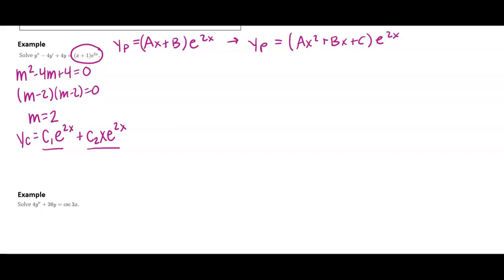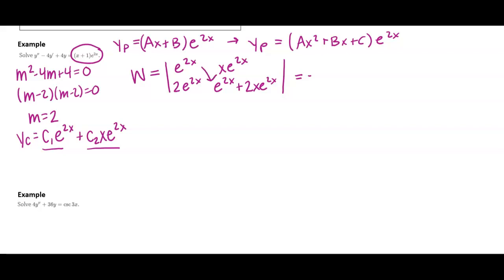All right, so our Wronskian for our general solution is e to the 2x, x e to the 2x. And so I have 2 e to the 2x, and then derivative of the first times the second, plus the first times the derivative of the second. And I'm going to find the determinant here.